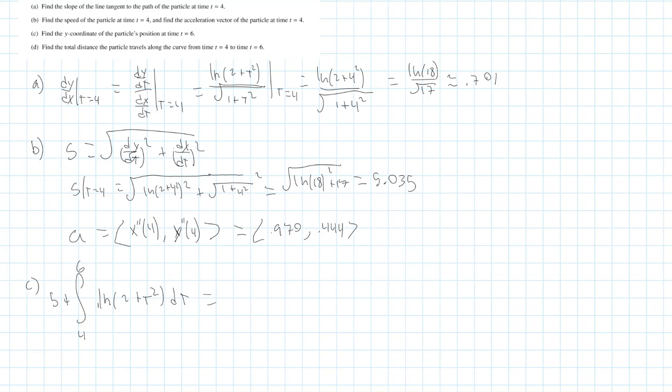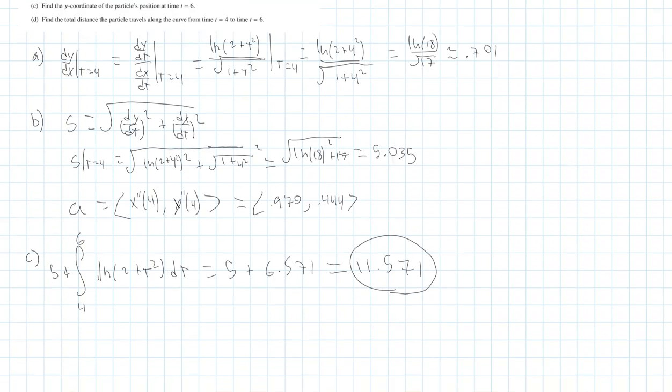That is going to equal, with our calculator, 5 plus 6.571, which equals 11.571. And then this would be the y-coordinate of the particle at t equals 6.